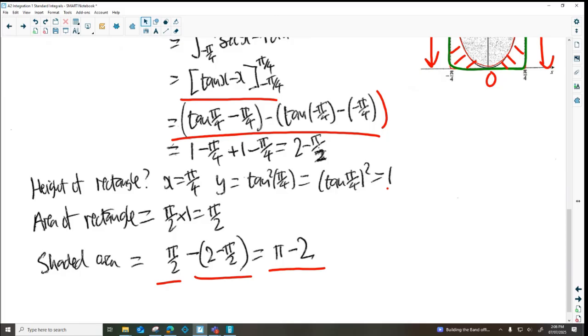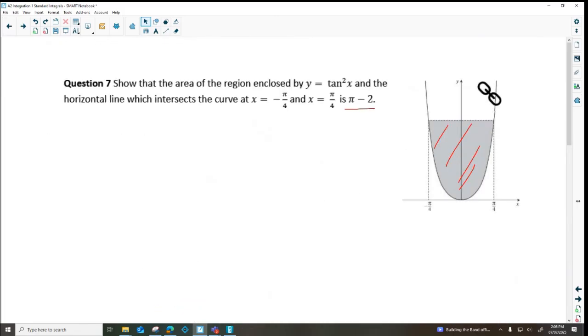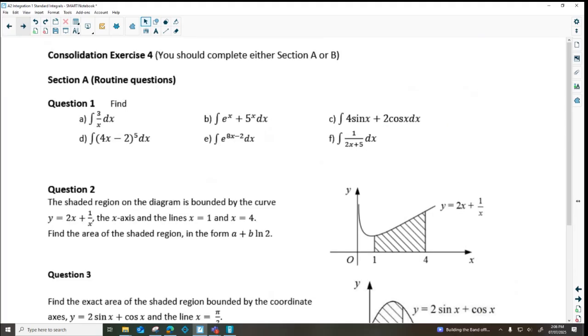Can I explain to you for a second the expectation with regards to the exercise from this lesson? So consolidation exercise 4 has two sections, section A and section B. You should either do section A or section B, or if you're really keen and want some more practice, both is obviously fine.